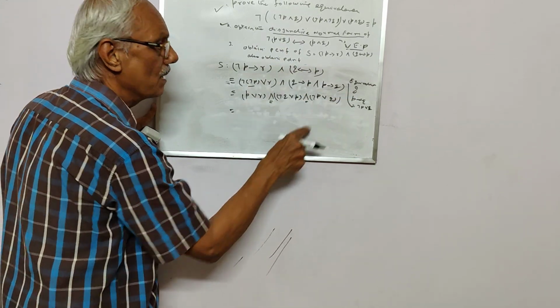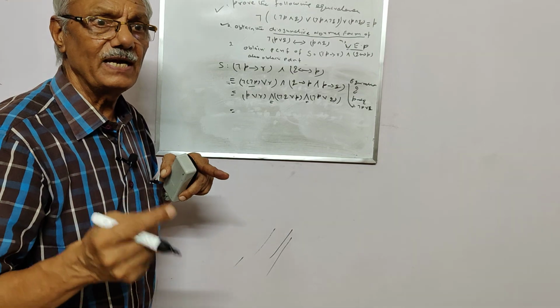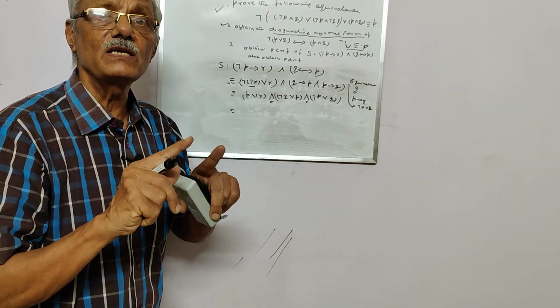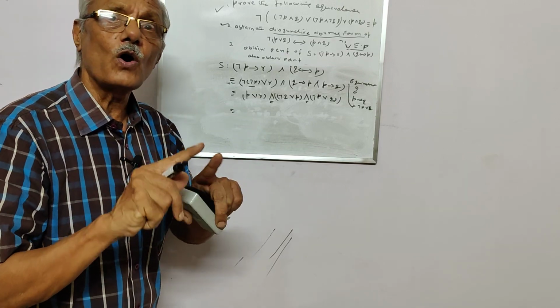So I am having max terms, but the max terms are incomplete in their own right. So I am going to change them to become full, involving all the three variables.